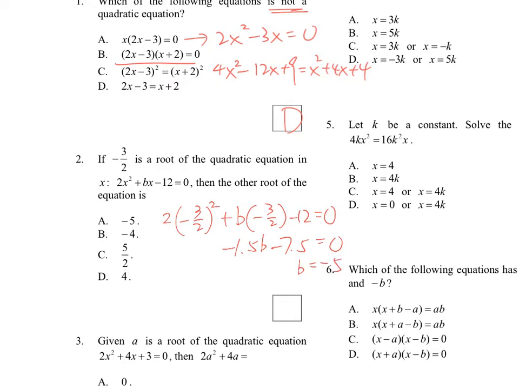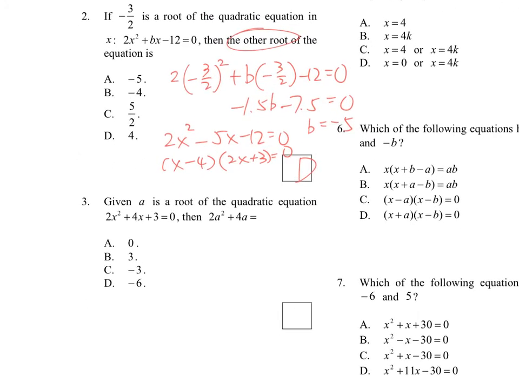This is not the end of the story. If you choose A, then this is wrong because the question is asking about the other root. So you consider this equation and try to factorize it, and you should realize D is the answer.